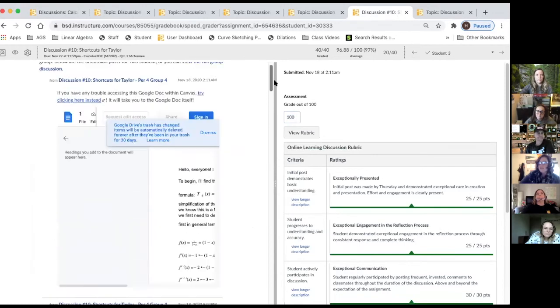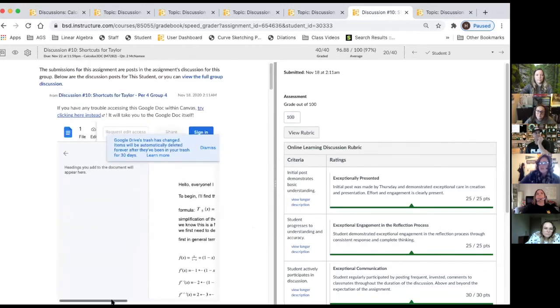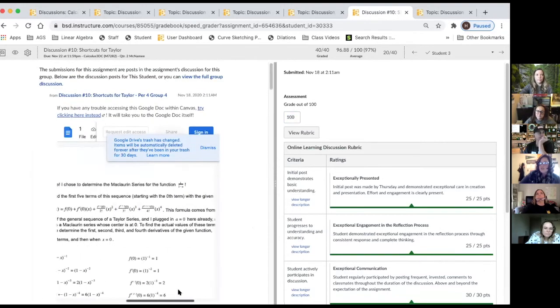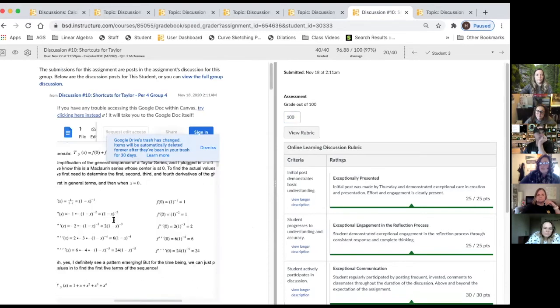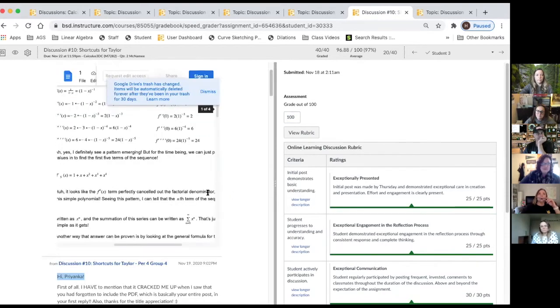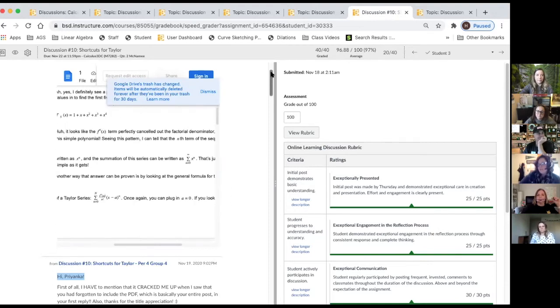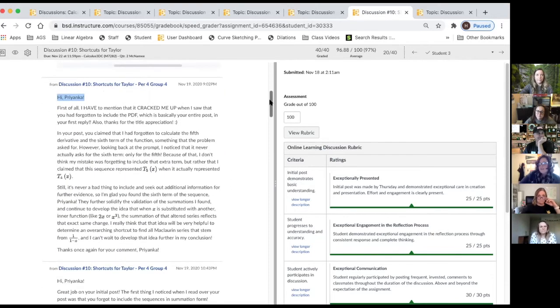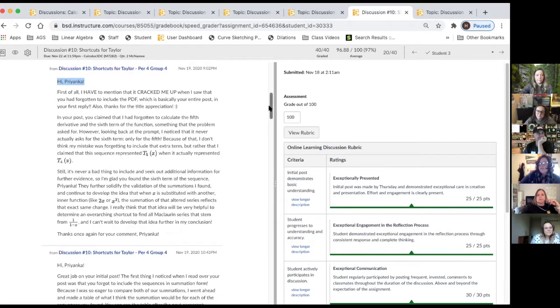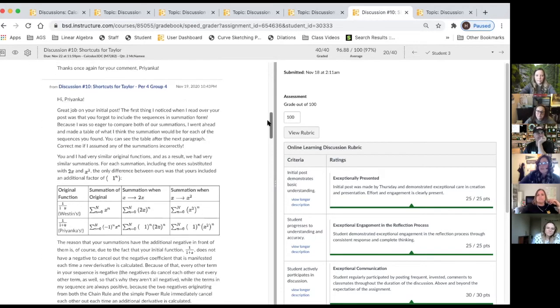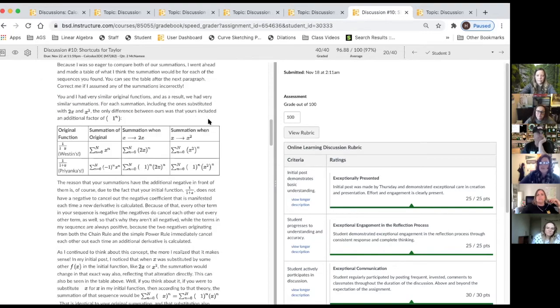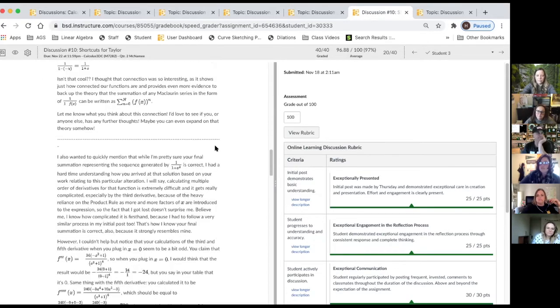Their initial post, they did on a Google Doc and embedded that, which is a legal move depending on the grade level. They can upload attachments and all those things. And then I see their first reply, and then the second reply. Great job on your initial post. So I know that they're commenting. They're trained to give me that information, because that helps me grade.